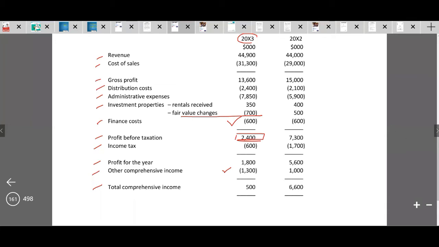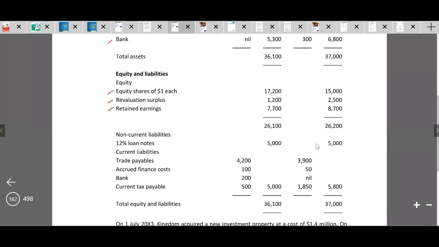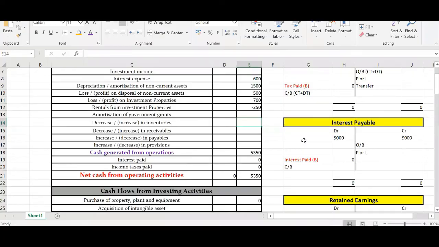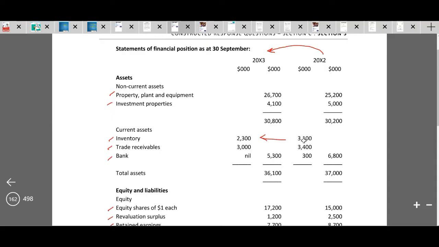So let's go to the balance sheet and see. In the balance sheet, we have the inventory. It is from 3100 to 2300, so it is decreasing, so it is an inflow.